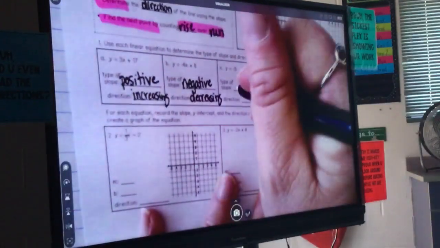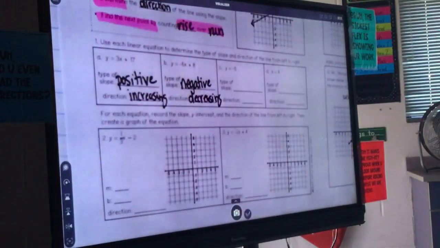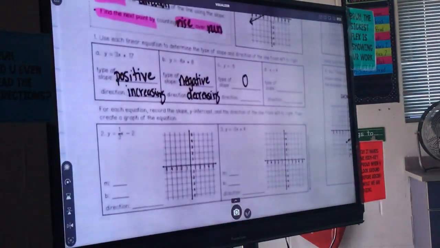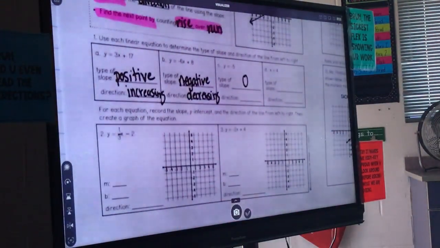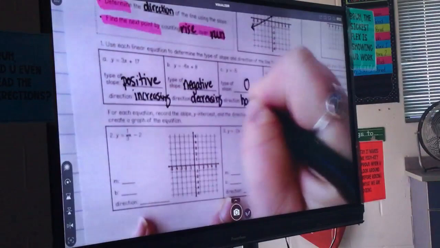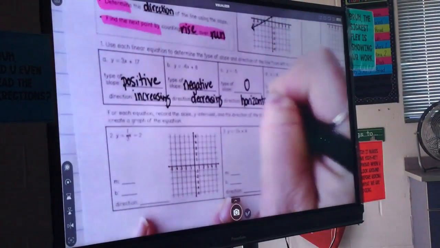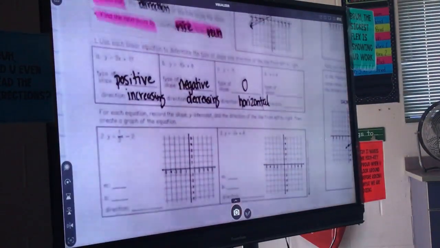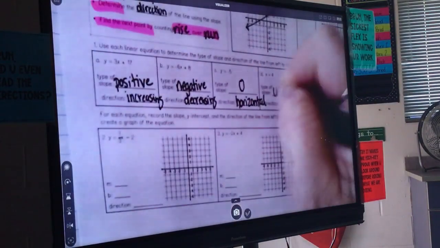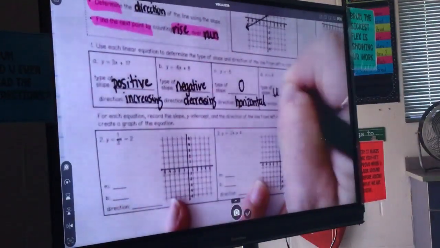Are you sure? I thought it was... is it 0? Mm-hmm. All right, so if it is 0, it can't be increasing or decreasing, so it's got to be what? Horizontal. Yes. All right, and then the last one, undefined. And what is the direction? Up and down.